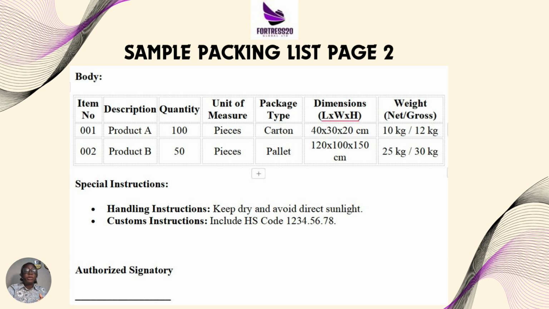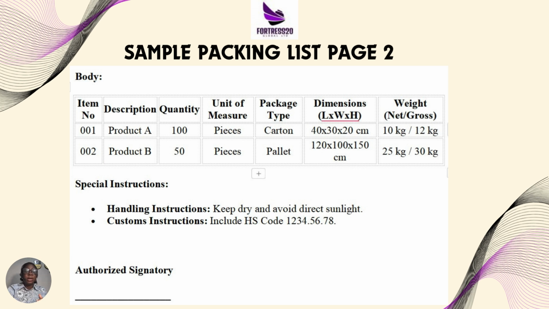Product B 50 pieces, packet type pallet, dimension 120 times 100 times 150, net weight 25 kg, gross weight 30 kg.